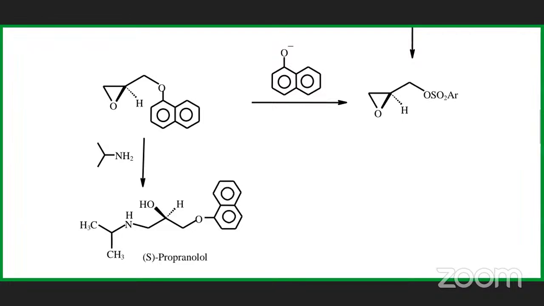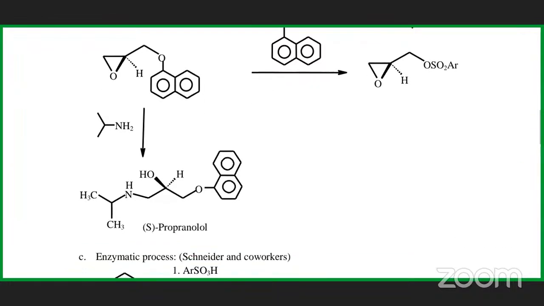If you use only the base alone, then it prefers to open the epoxide ring from the sterically less crowded terminal or center. In the presence of acidic medium, the opening takes place from the sterically more crowded position.